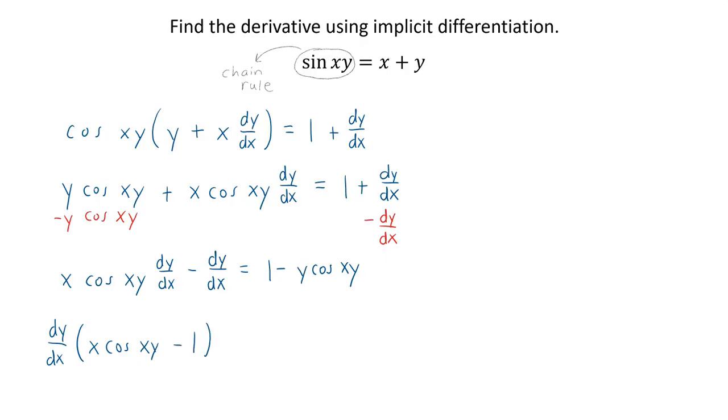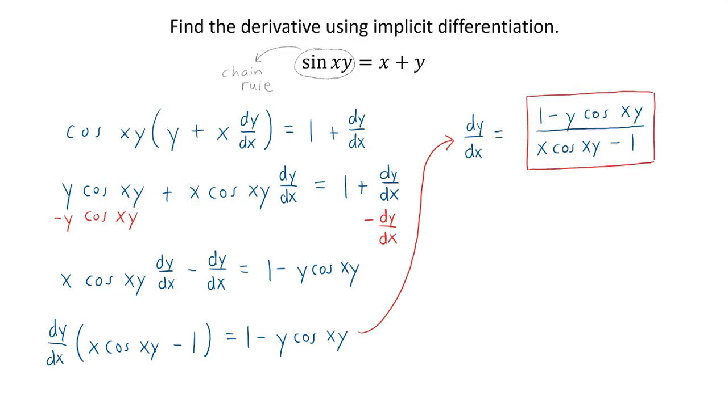And factoring dy over dx from the second term gives us minus 1. And the right side of our equation is still 1 minus y times cosine xy. Now to isolate dy over dx, we'll divide both sides of the equation by x cosine xy minus 1. And because the resulting fraction can't be simplified any further, this is our final derivative.